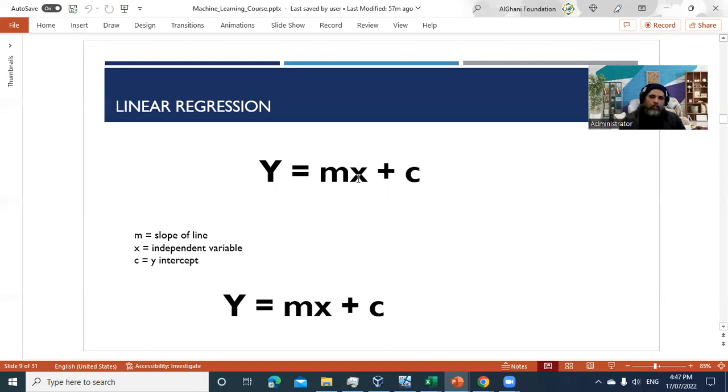Like I mentioned in the house example, if we want to predict the value of the house, we have the number of beds, the house area, the number of bathrooms or washrooms, and the front garden or back garden. All these independent variables are going to contribute to the dependent variable, which is the price of the house, right? So in that case, obviously this equation is going to be extended to cater for all these additional variables.